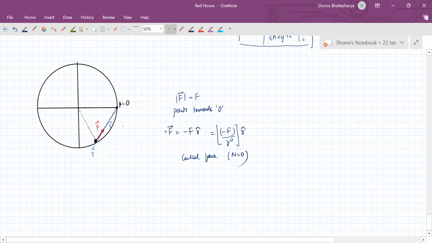So because I can express this force now in this manner, it is some constant. This force F is some constant, which is actually minus F divided by r to the power 0 r cap. Okay. And that constant is a negative value. So it's pointing towards this. It's pointing towards the point O rather than away from the point.